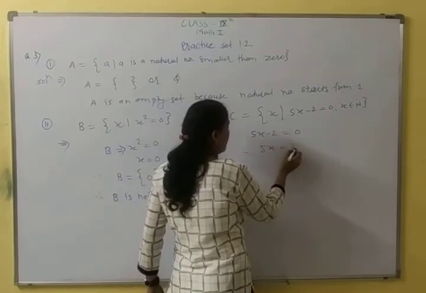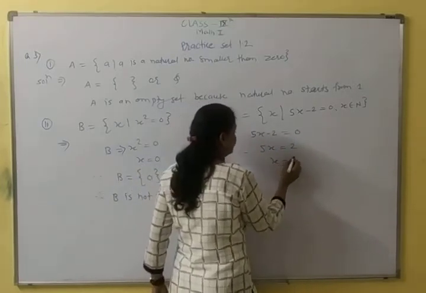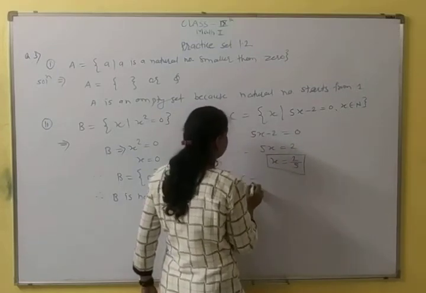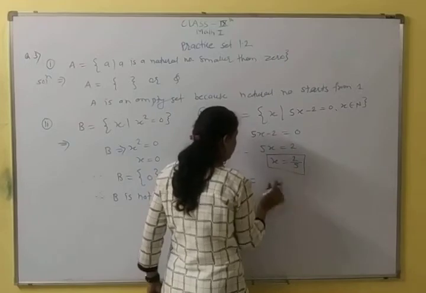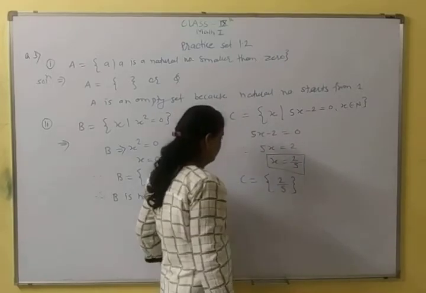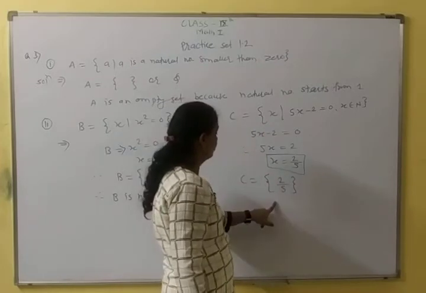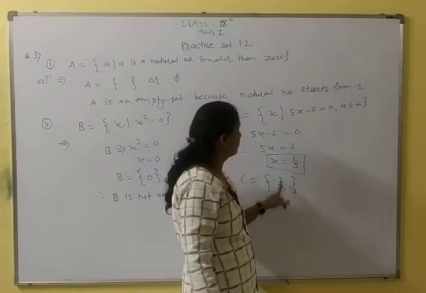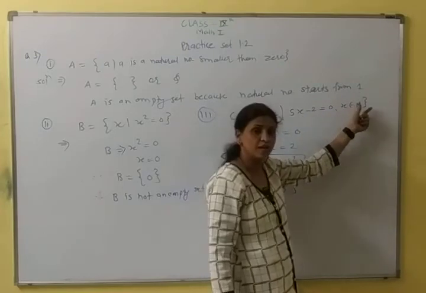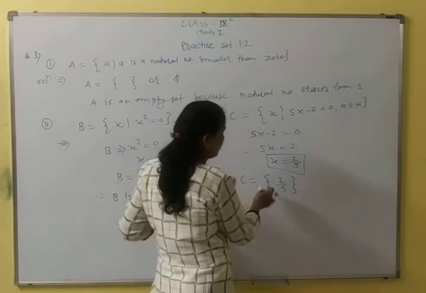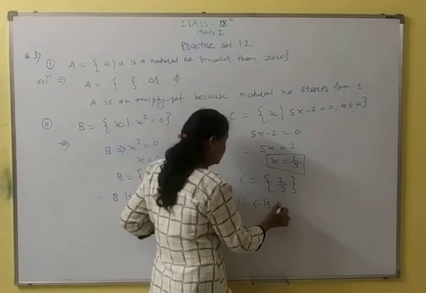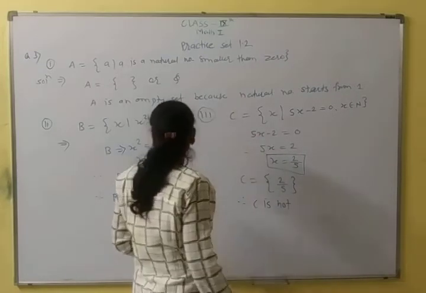Therefore x equal to 2 upon 5. But 2 by 5 is not a natural number, and in this set x belongs to N, meaning x must be a natural number, but 2 by 5 is a fraction.